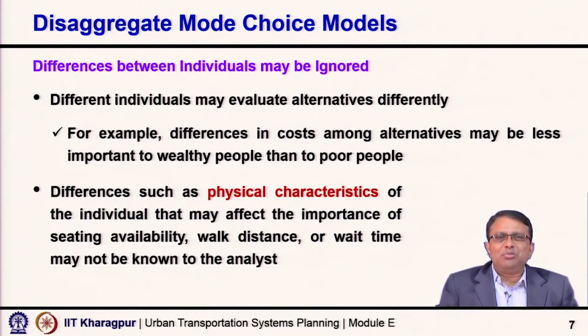But in reality, because there are other attributes which we are ignoring, we are not considering the difference between individuals, so our modeled prediction and actual behavior may be different. So, this is one more reason why the disaggregate model may not be able to give absolutely correct prediction.